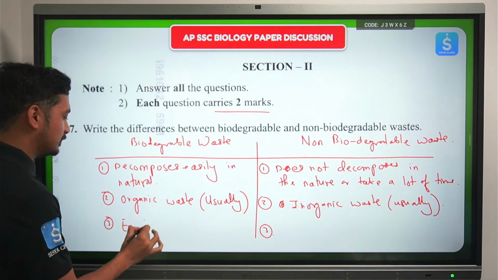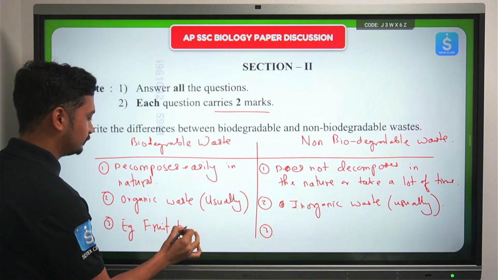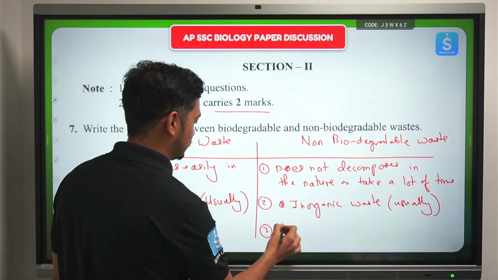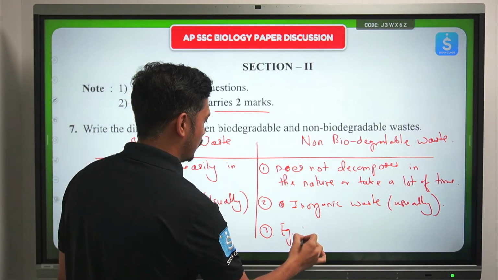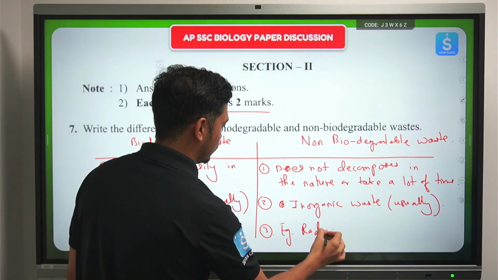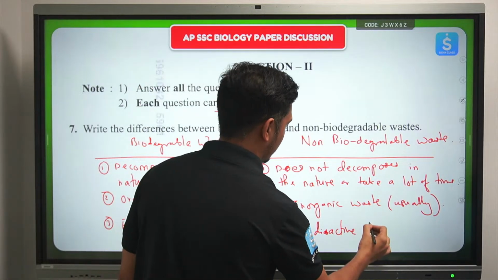Then we can write some examples. For example, fruit peels. And here the example I can say is radioactive heavy water.